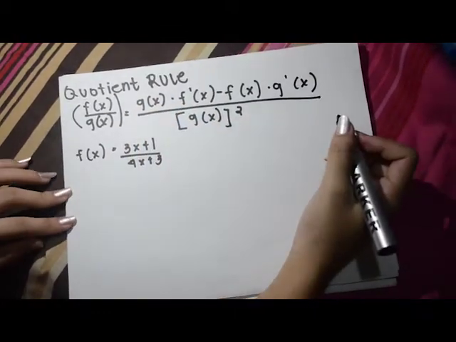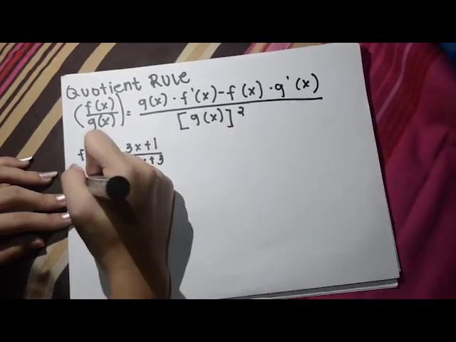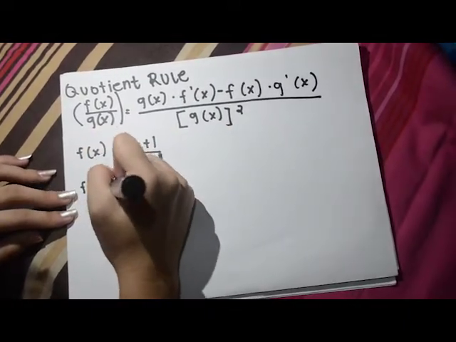The given example is f of x is equal to 3x plus 1 over 4x plus 3.